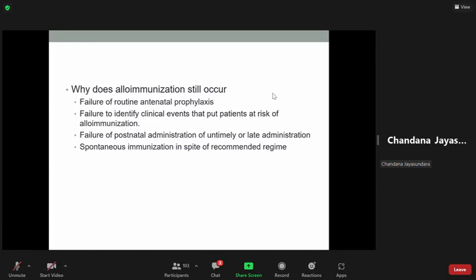We have to give antenatal prophylaxis routinely and uniformly. If we cover antenatal and postnatal prophylaxis routinely and uniformly, we can be pretty sure this problem will be eradicated from our system. But the coverage of 100% is still not there.